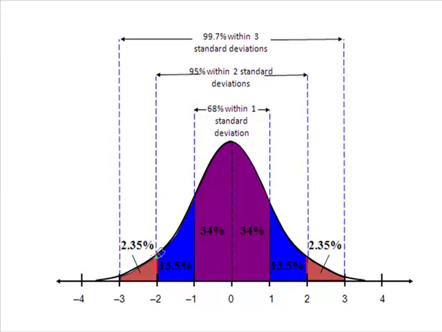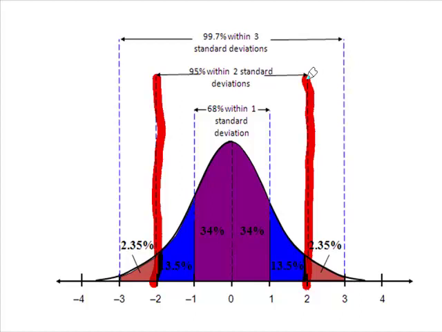We're going to go out and find from here to here, also known as 95% of the curve would be covered. 95% of those babies weigh between those amounts.